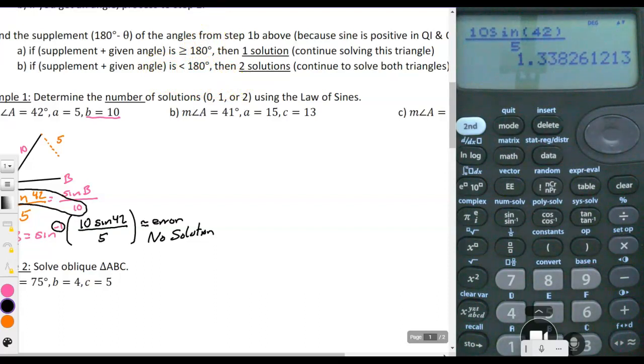So you got to know the cues, right? The cue for this is, again, it's side-side angle, right? And then when you actually get an answer, then we have to take that answer, we have to test it, we have to put in this little formula, and if the answer comes out bigger than 180, we know there's 1 solution. If the answer is less than 180, we know we have 2 solutions.